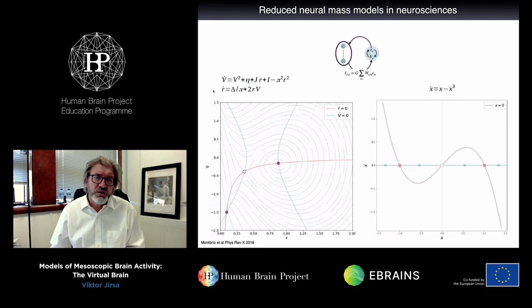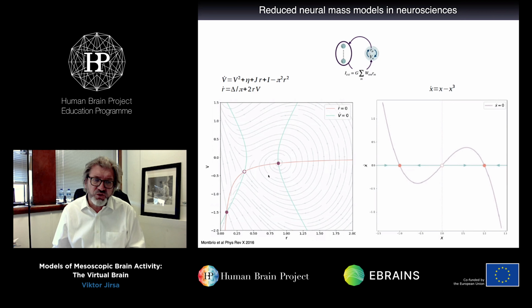All of them are two-dimensional, and they differ in the assumptions about the spike correlations. Depending on these assumptions, you can use different mathematical expressions and arrive at different forms. But typically you obtain a two-dimensional equation system, V and R, plotted here.